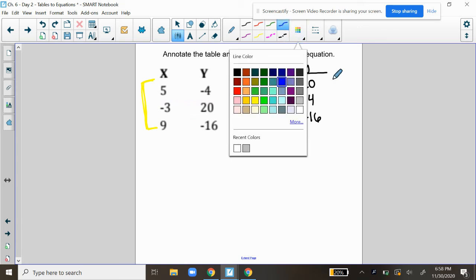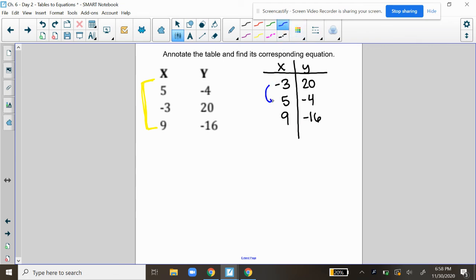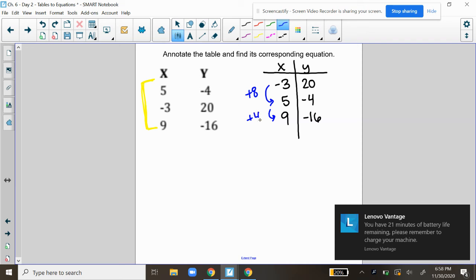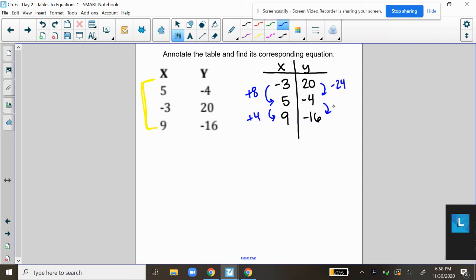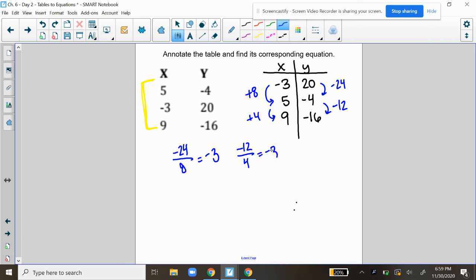I know that in order for me to, here, I'm adding 8, and here, I'm adding 4. Here, I'm subtracting 24, and here, I'm subtracting 12. So when I go do that math, I'm doing my change in the y over the change in x. I'm going to get negative 3, and I can double check it with the other comparison, and I also get negative 3.